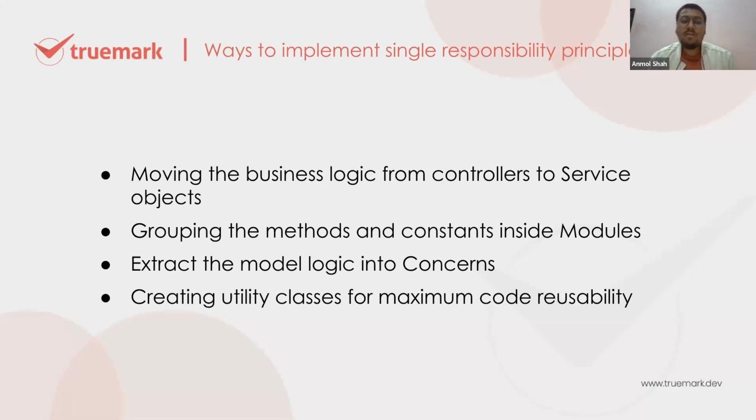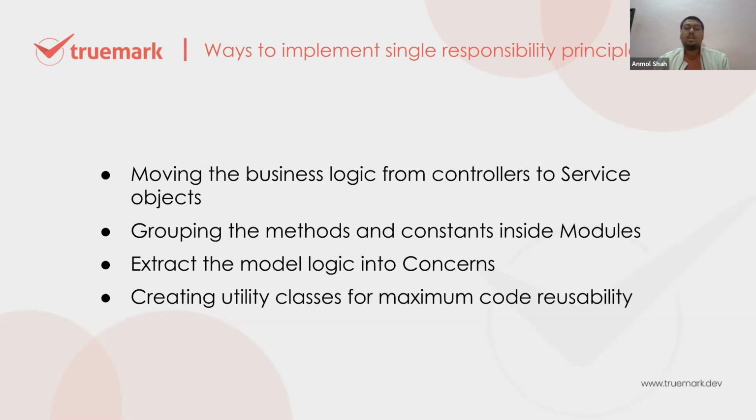Because oftentimes, when we have a feature that needs to authorize a user, process some payments and send emails, we tend to add all of that code inside either a model method or a controller action. But that's not where those codes should go, because it only adds complexity in our controller actions as well as in the models. So those codes should all be extracted to their own service object.